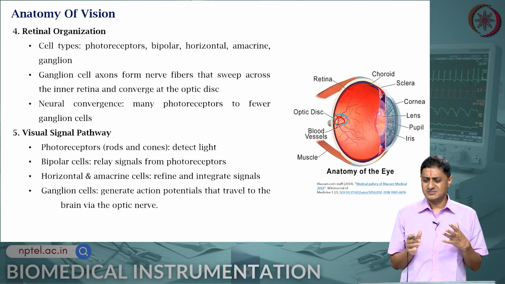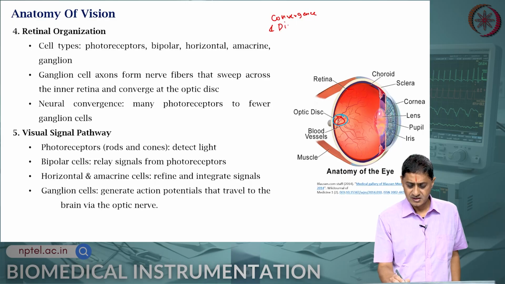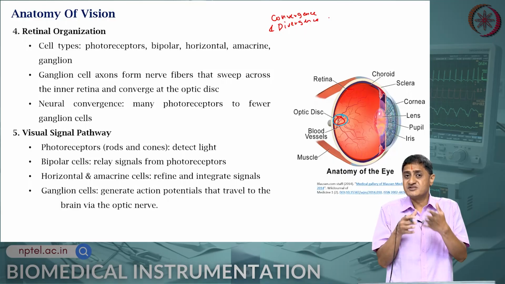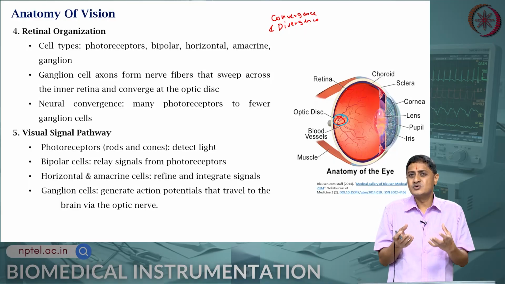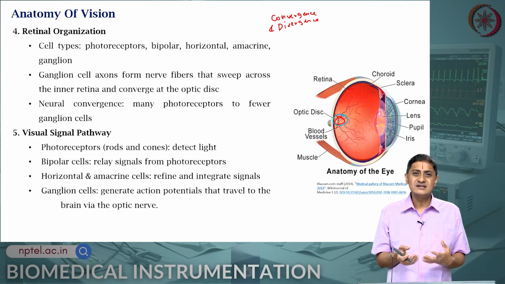Within the central nervous system, there is always this concept of convergence and divergence. When a lot of information goes to a specific neuron, that neuron acts as a synthesizing, processing neuron. What is happening is convergence.